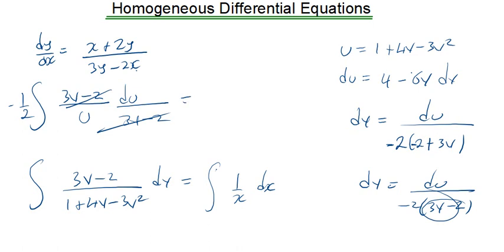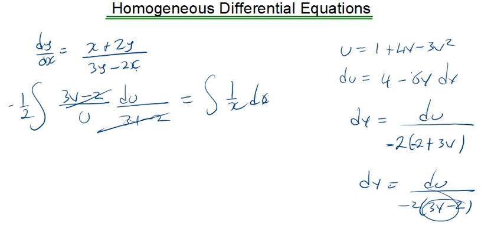Okay, so remember this is equal to the integral of 1 over x dx. So now for this part you can say this is negative 1 over 2 ln of u is equal to ln of x plus ln of c, because both are positive, we just add them together.